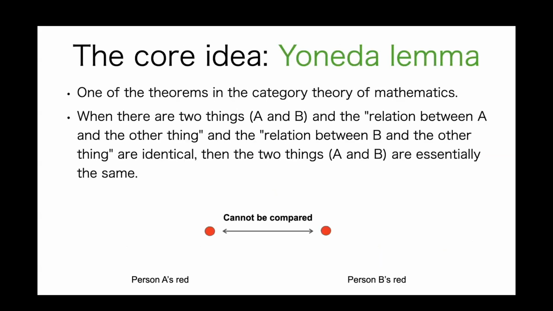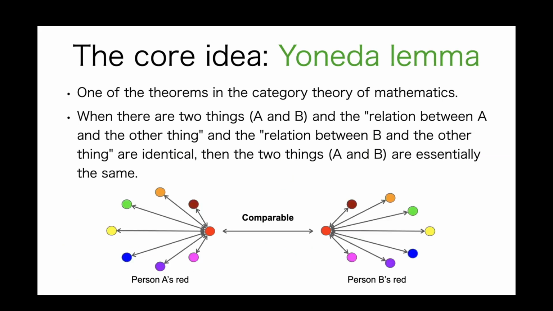So by having this Yoneda lemma, we can compare these two Qualia. We can have this order relationship with other Qualia and then do the same thing. And by comparing the relationships of them, we can compare the Qualia of different persons.